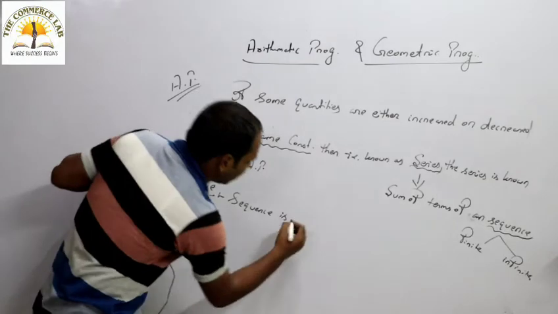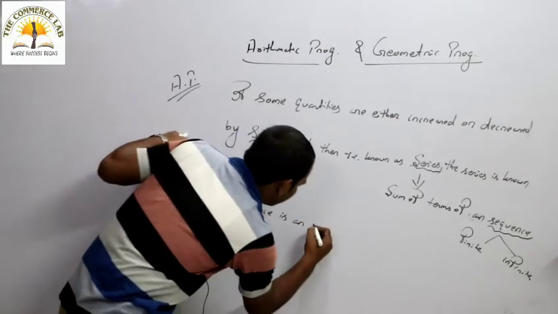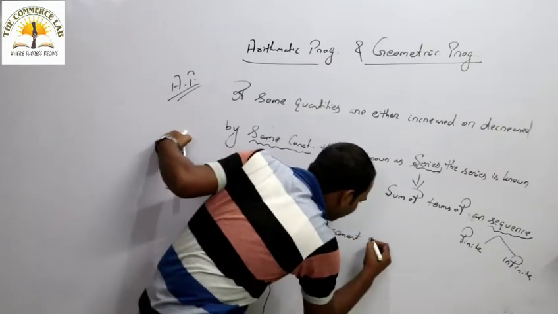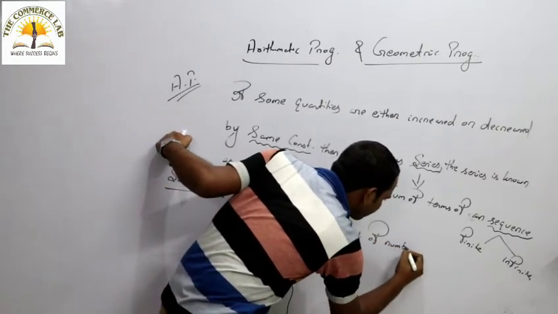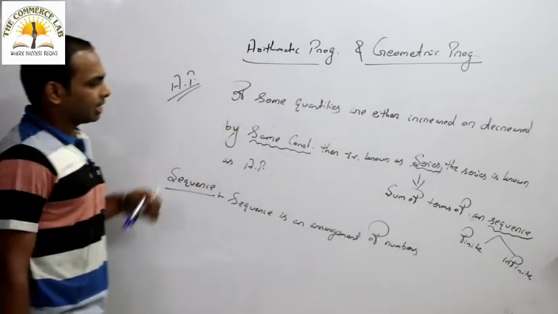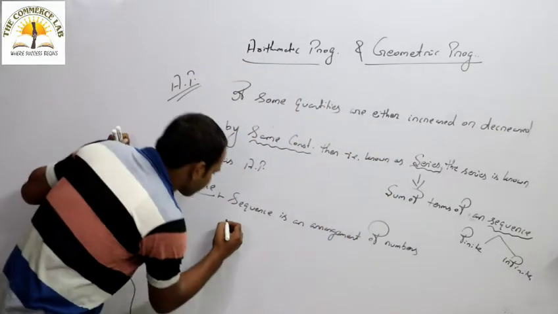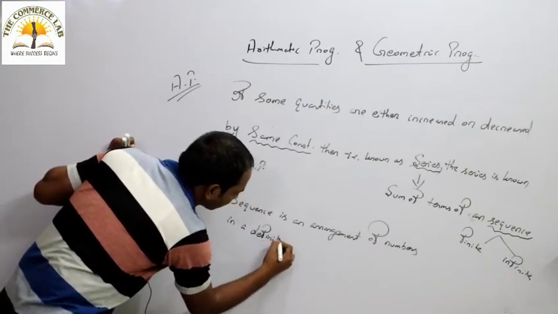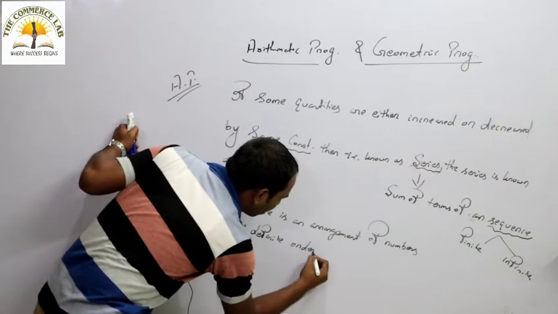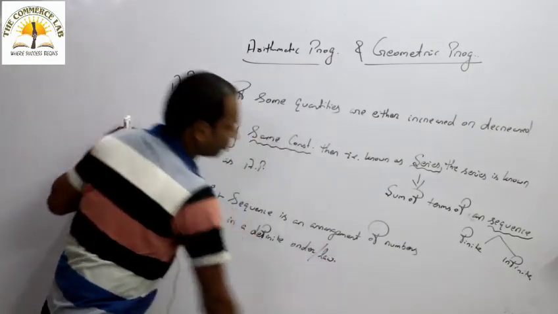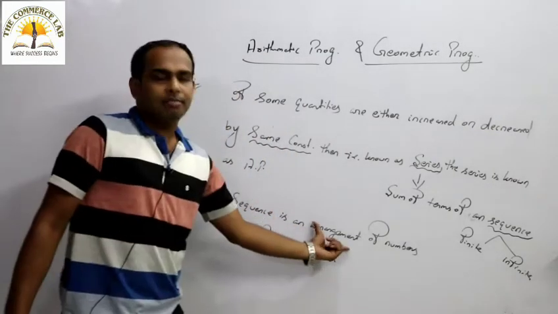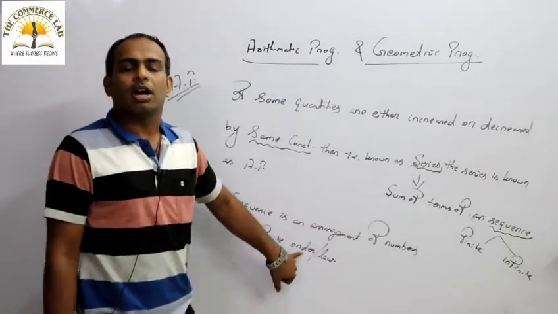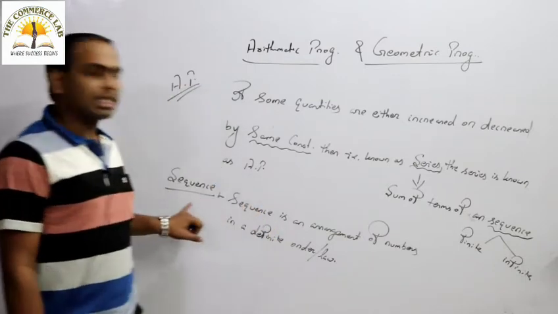Sequence is an arrangement of numbers in a definite order or law. That means the arrangement must follow a definite order or definite law.